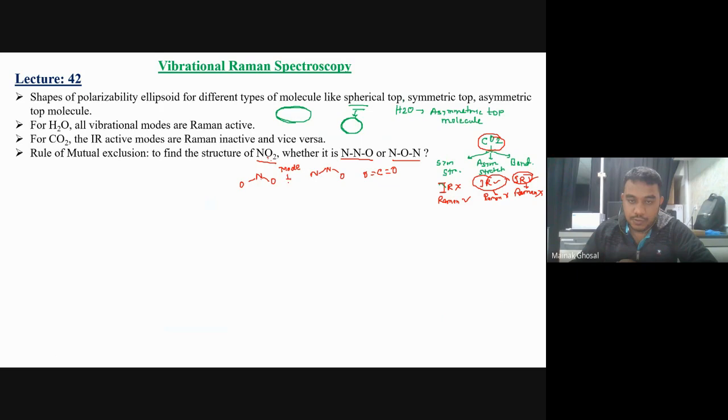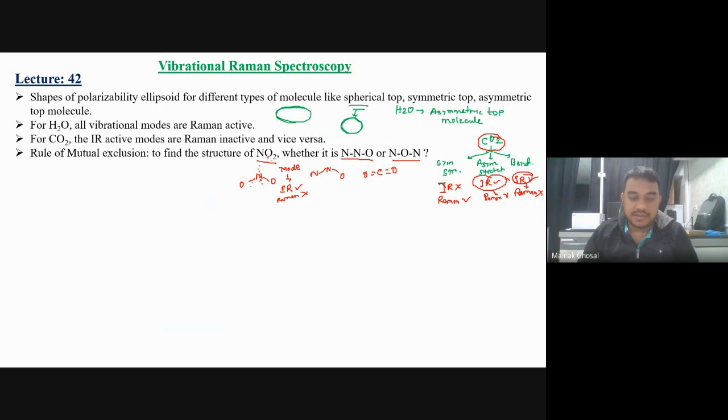if some vibrational mode of NO2 is IR active but Raman inactive, and also the vice versa is possible, that some mode which is IR inactive becomes Raman active, then you can consider that in this molecule there should be some center of symmetry.